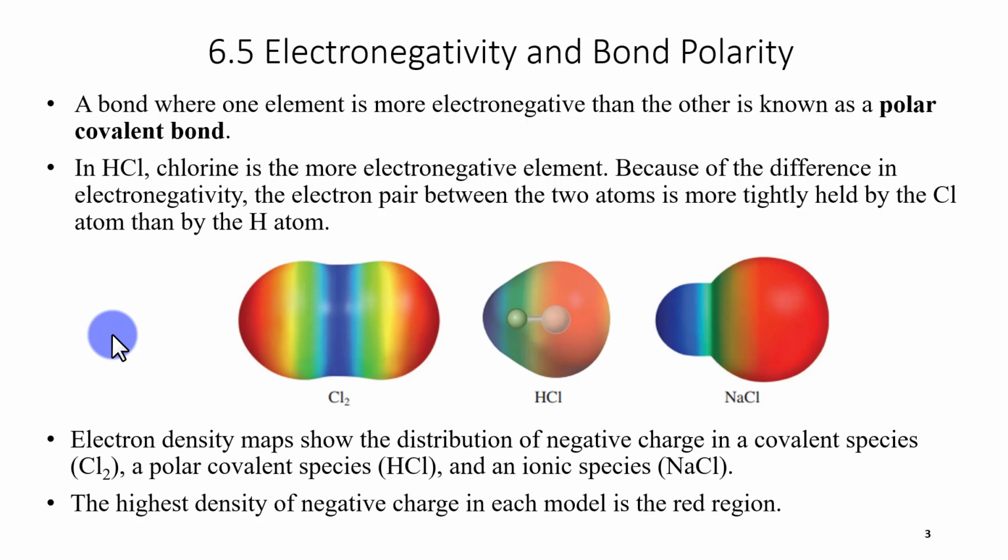And so we can talk about 3 different scenarios where we can have a nonpolar bond, meaning that neither one of the atoms is pulling the electrons that they're sharing more towards itself.